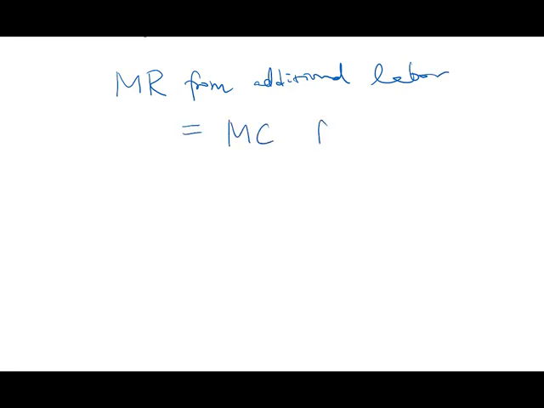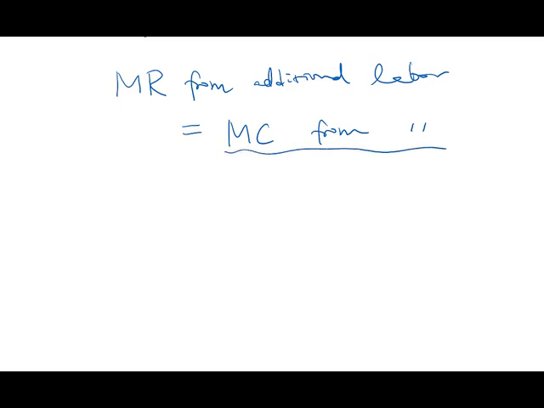Additional unit of labor earn additional revenue, right? So it's a marginal revenue from additional labor, and that is equal to marginal cost from additional labor. So how can I write this expression in equation?